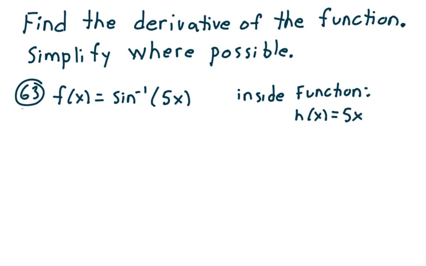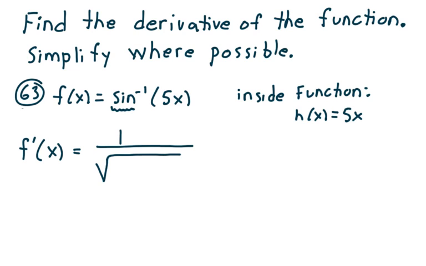Okay? So when we look at the derivative, now the derivative of the arcsine function will be 1 over the square root of 1 minus, but again, we're going to evaluate at the inside function. So I need to replace that x with 5x. So I'm going to take 1 over the square root of 1 minus 5x to the second, and I'm going to multiply by the derivative of the inside function with respect to x.